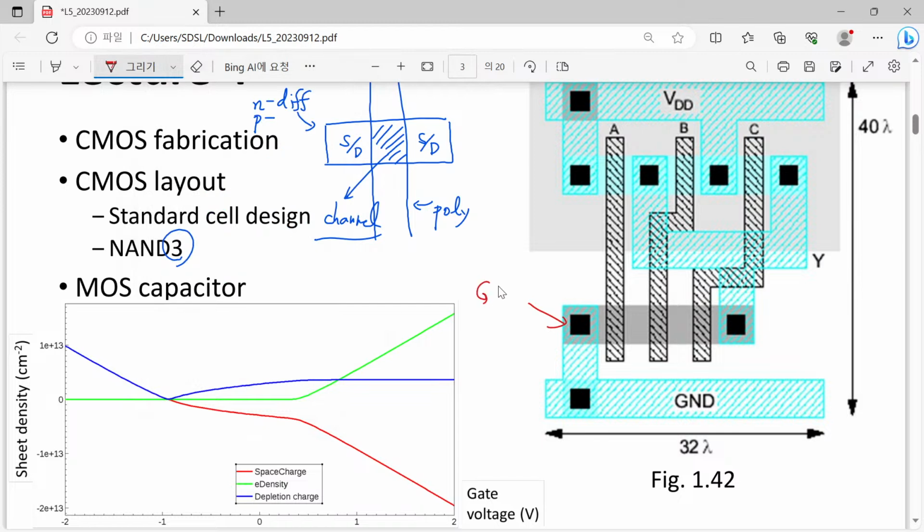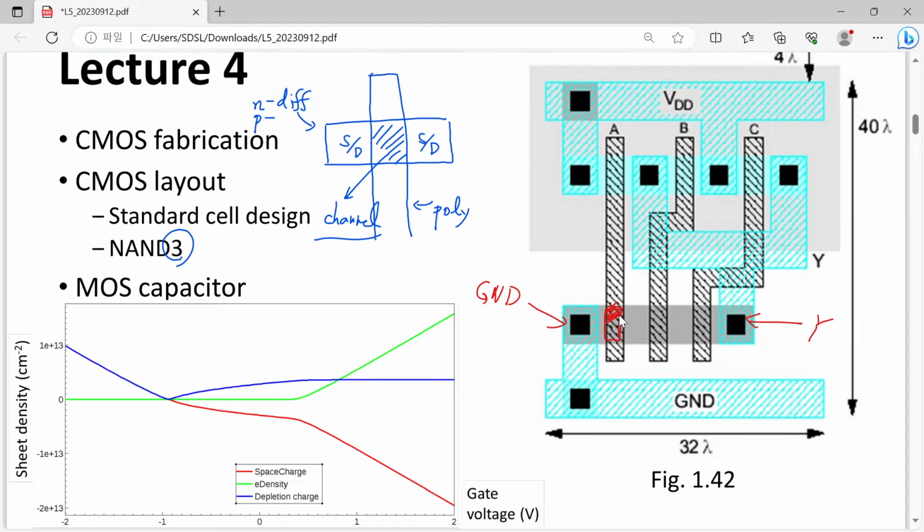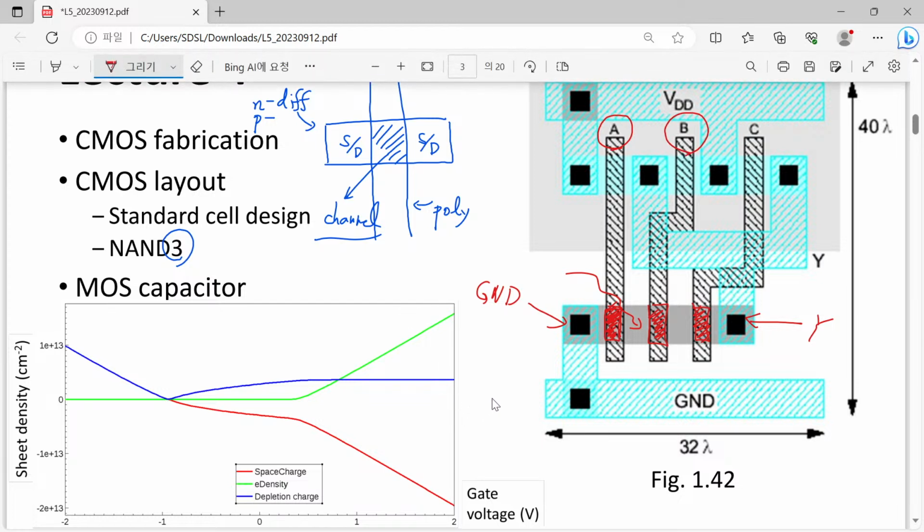Here this is your ground, and this is your output Y, and here you can see a transistor driven by the signal A, the one driven by B and the one driven by C, and this point is shared between the transistors for A and B. Simply speaking, you can write it down. Here you have a transistor driven by A, and its one terminal is connected to the ground.